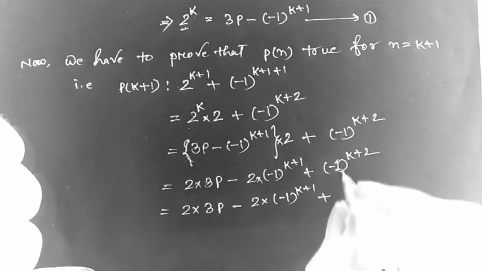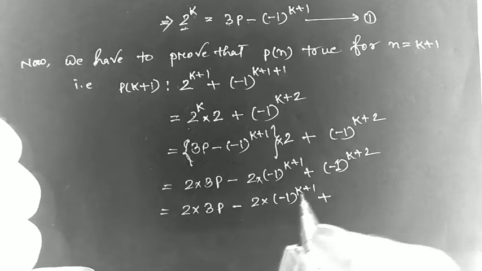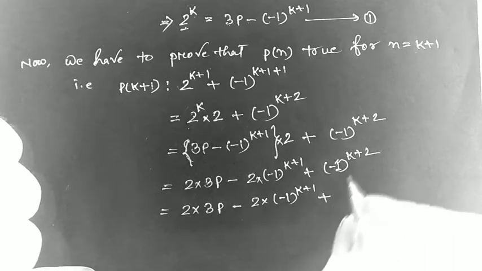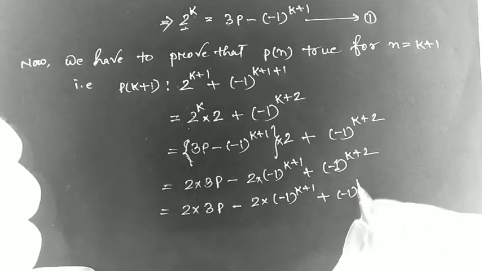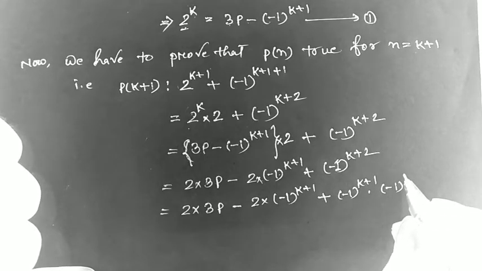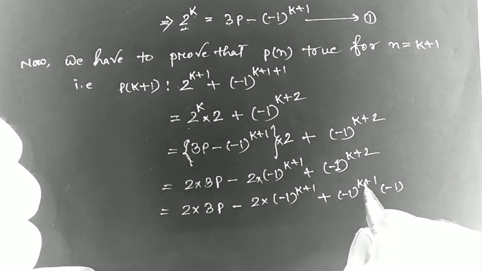Here this term will again break, so that we get minus 1 to the power k plus 1. Here minus 1 to the power k plus 1 into minus 1, you can write it, because the power of minus 1 is 1 and the other power of minus 1 is k plus 1. If we multiply these two things, we will get this.